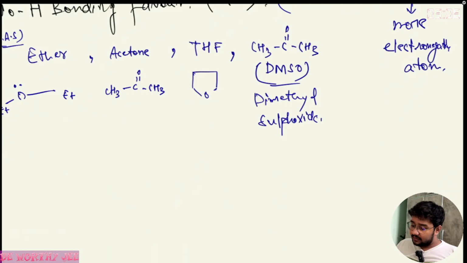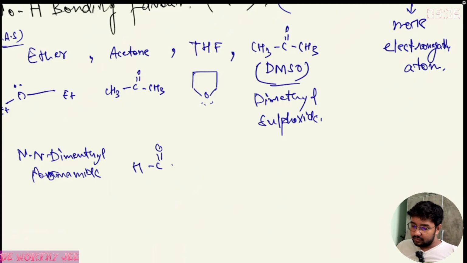Such as N,N-dimethylformamide, HC double bond O, and N, CH3, CH3.